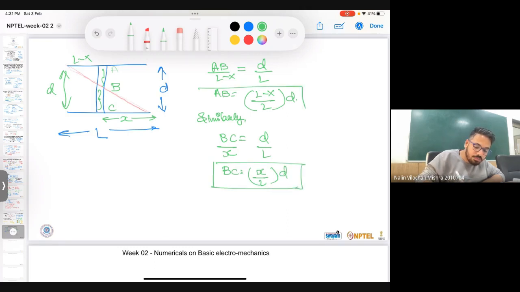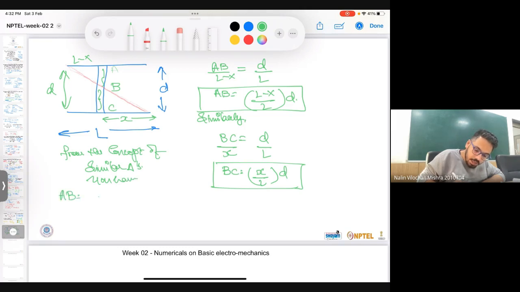So from the concept of similar triangles, you have AB height as L minus x by L times d and BC height as x by L times d.